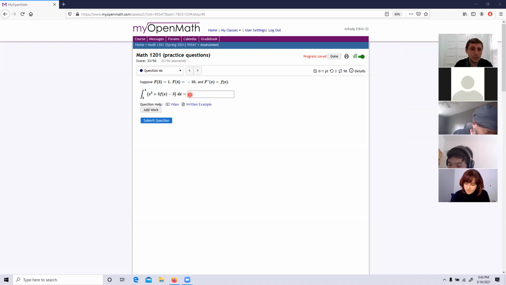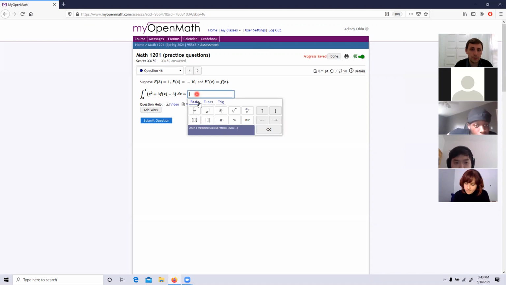All right, and the answer is what, guys? Just integrate this function and plug in 4 and 3. So what do we have here? Let's put parentheses here. So the antiderivative of x squared is 1/3 x cubed. Yes, and we plug in 4.